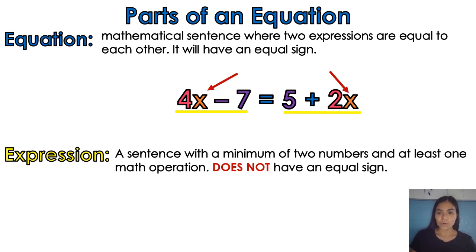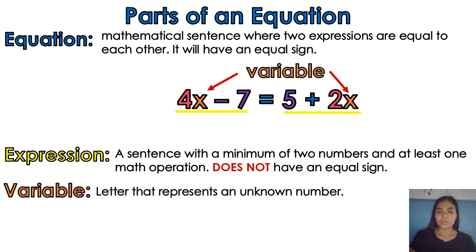All right, so another thing here that we need to talk about is this letter x. These are known as a variable. And a variable can be any letter that represents an unknown number. Most commonly used is the letter x. You'll see that come up a lot, but you could use any variable, be it w, z, anything.